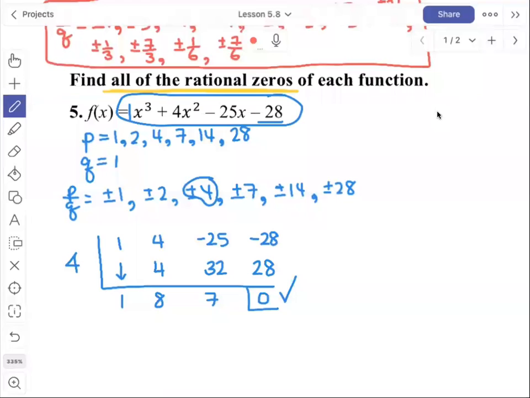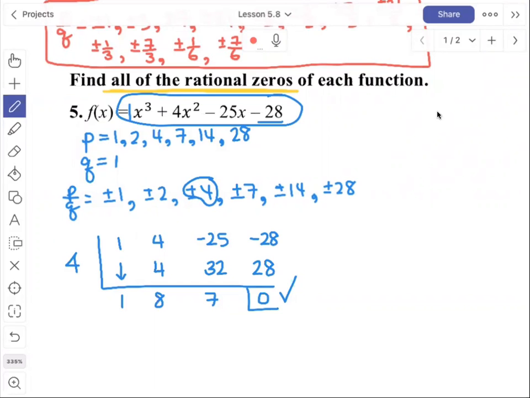Queenie, was that a good guess or did you know? No, I just guessed it. Really? Oh my gosh, that's amazing. So Queenie got it on her first try. Good guess, Queenie. The reason why I'm so happy is because 0 is the remainder. Most of the time you're not going to get 0 as a remainder. And if you don't, that means you have to keep testing out different ones until you get 0.